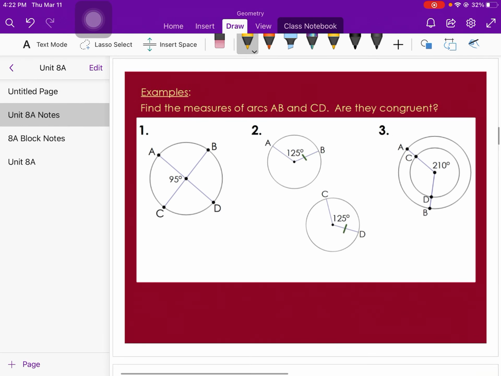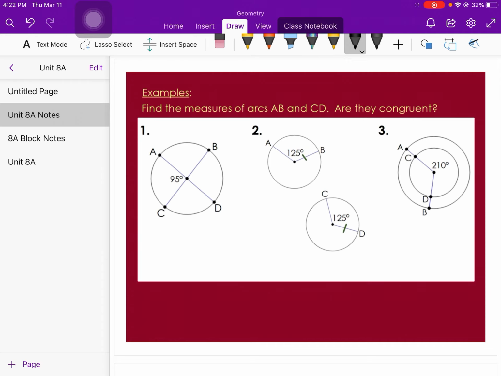So down here, when we're talking about this arc, find the measure of arcs AB and CD. So arc AB is from here to here. Now notice, this is 95 degrees, so this angle next to it is going to give us the central angle.